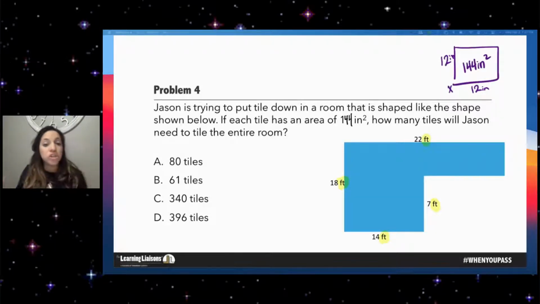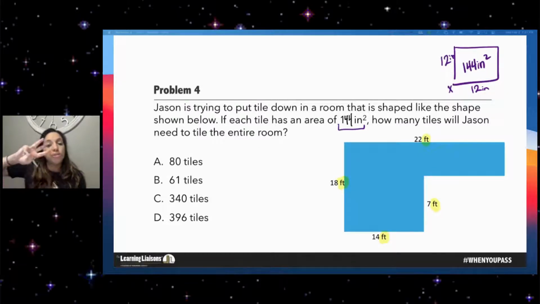So in the original problem, it would say if each tile has an area of 144 inches squared, how many tiles will he need to tile the entire room? We have to be able to understand that this is a foot so that we can then just realize that number doesn't matter. So let's go ahead and transition into the problem.